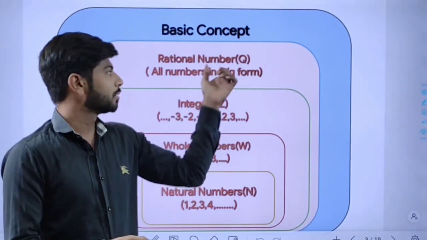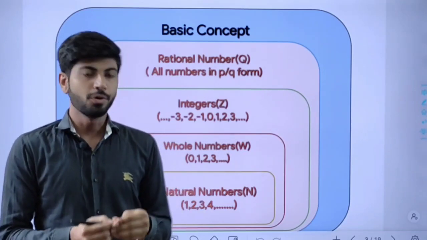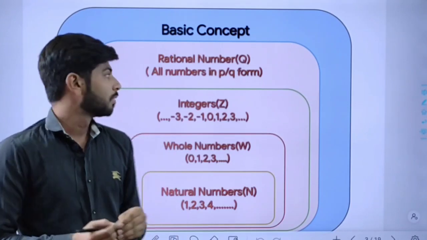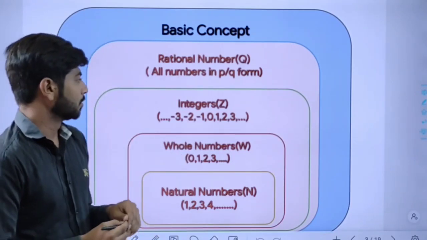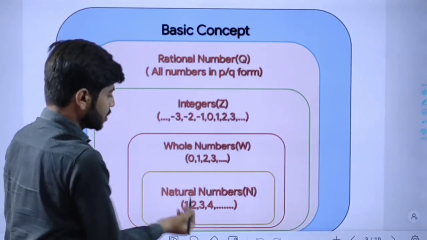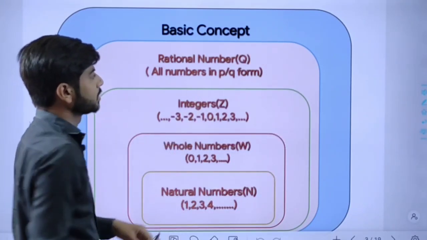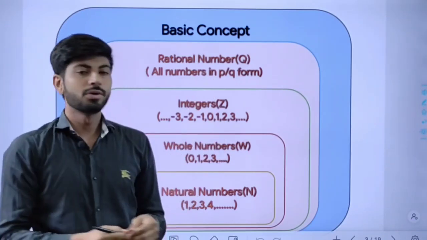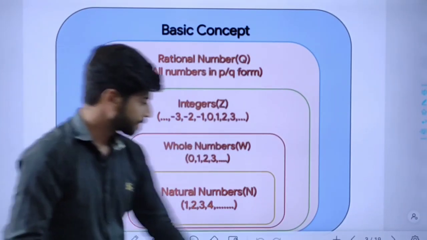The set of rational numbers is denoted by capital Q. All the numbers in P upon Q form are rational numbers, which means the rational numbers contain all the natural numbers, whole numbers, integers and other numbers which we can write in P upon Q form.